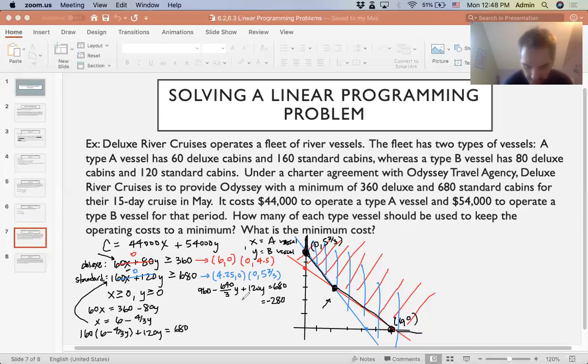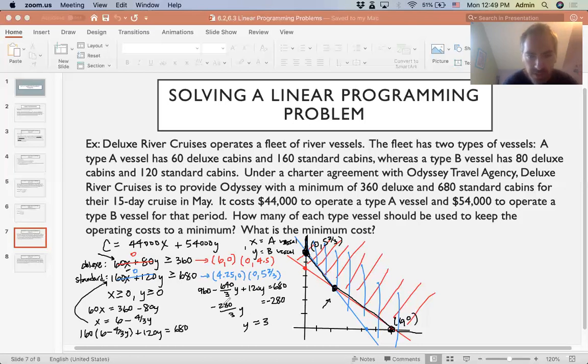So negative 640 thirds plus 120 gives us negative 280 thirds y. And dividing both sides by this negative 280 thirds, that will leave us with y equal 3, right?